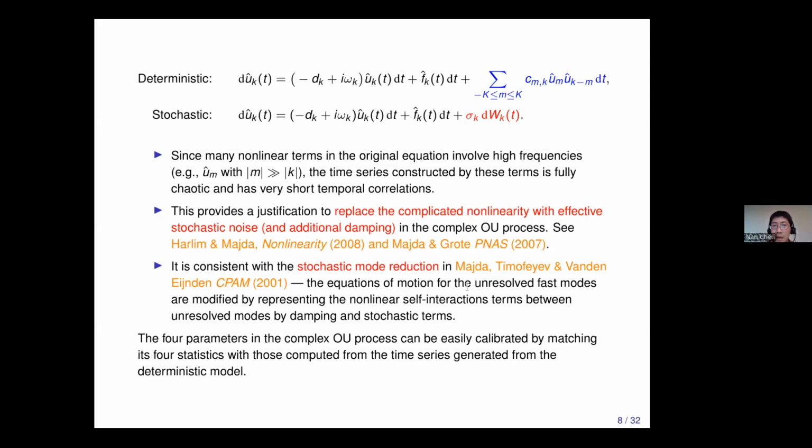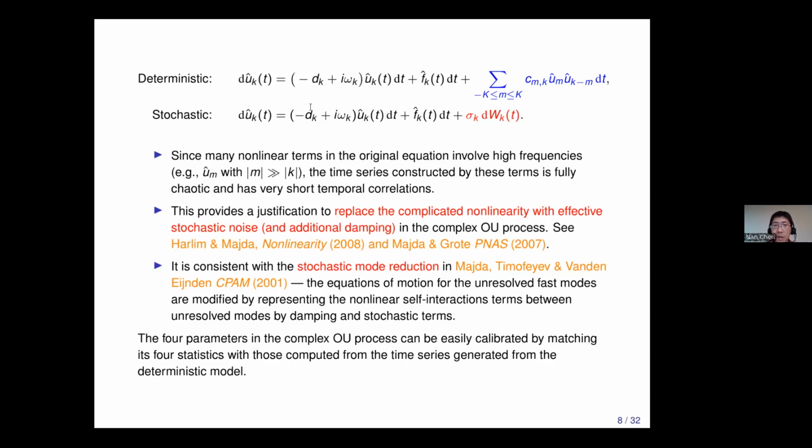They studied how this stochastic noise can effectively represent the statistical features of these complicated nonlinear terms. So that's very nice. If you believe this combination of terms is like fast waves, high frequency, or short memory, then it makes a lot of sense to simply replace all these details by a single and simple stochastic term.